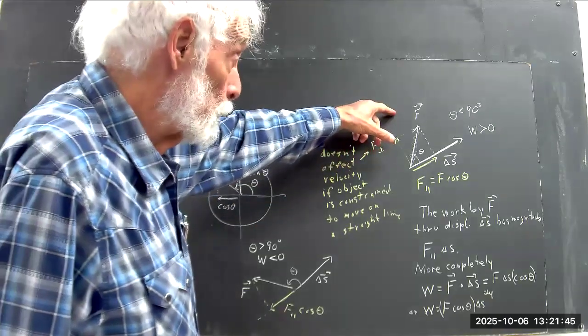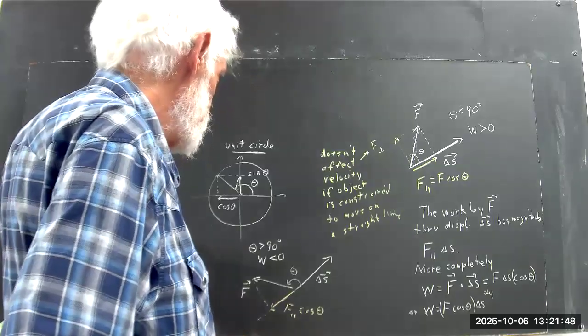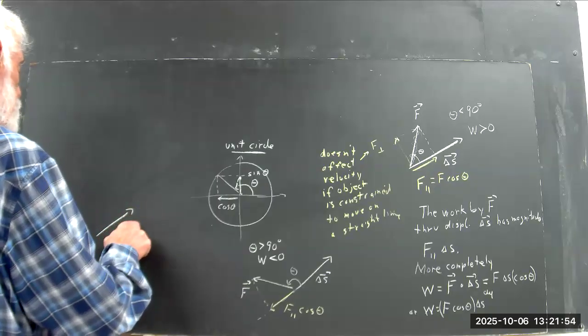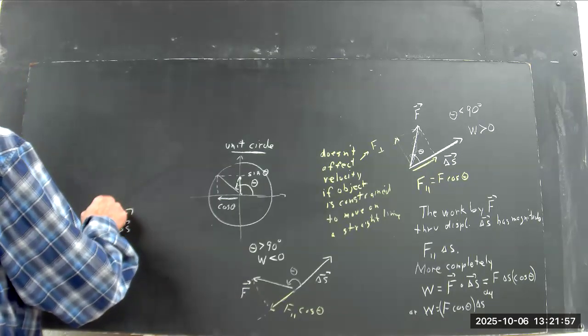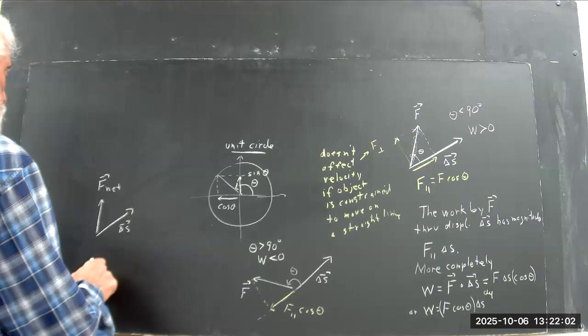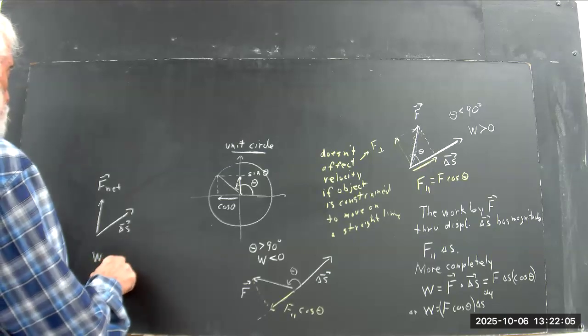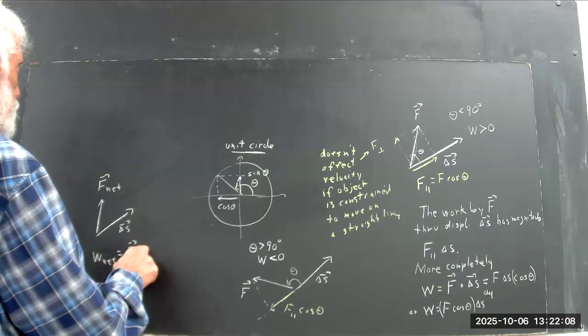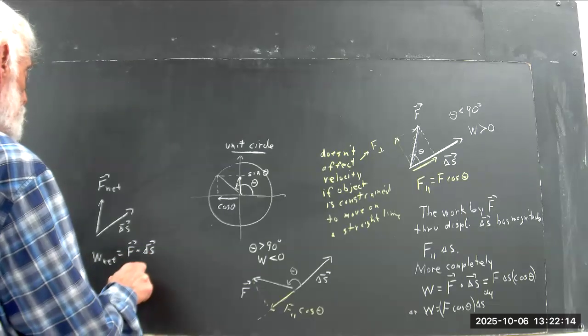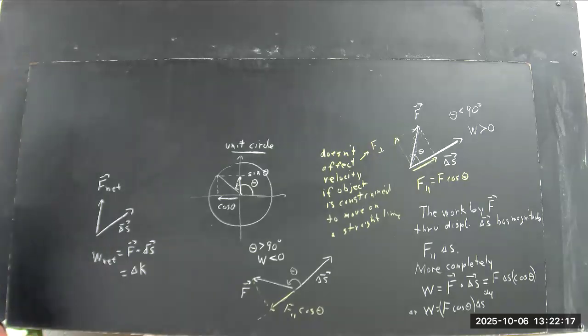Now, if this is the net force, then work by the net force equals F dot delta S, which equals change in kinetic energy. Because the change in kinetic energy is always the work done by the net force.